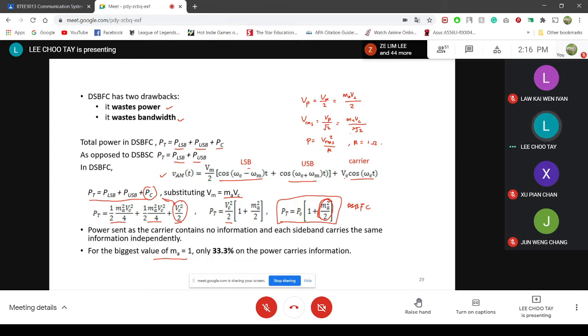If you put the number 1 here to replace m_a, the proportion of the power carried by the sidebands is only 33% of the total power that we use to transmit our double sideband full carrier signal. So only 33% of the power is used to carry information. The other 67% is wasted in sending the carrier.